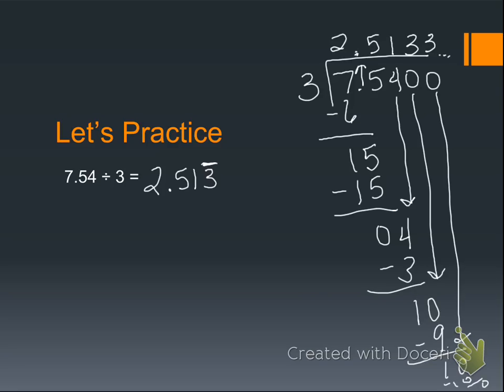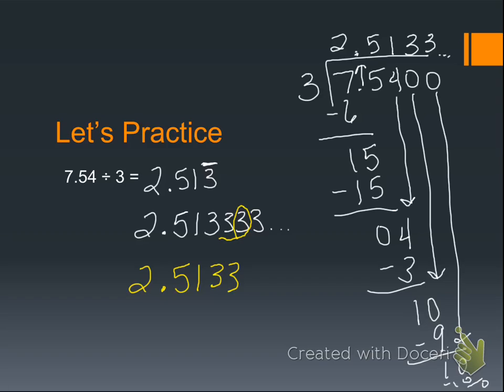Another way that we can write this is we know that it's going to go on and on forever. So what we could do is we could round it here to this second 3. So my result would be 2.5133.